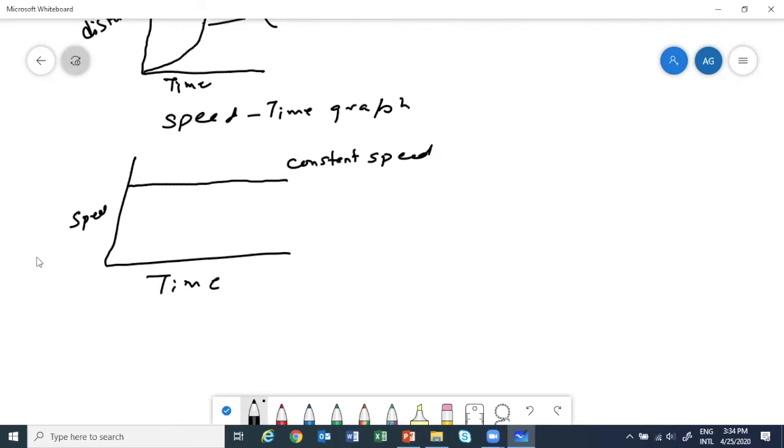Okay, when the speed changes at a uniform rate, this is speed, this is time, then again its graph is like this.